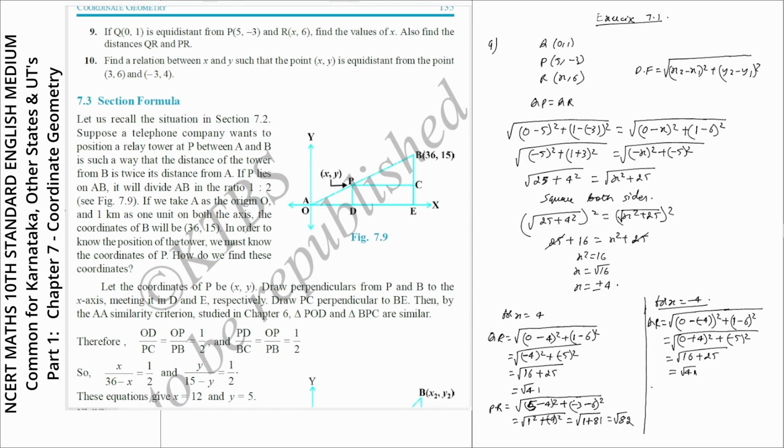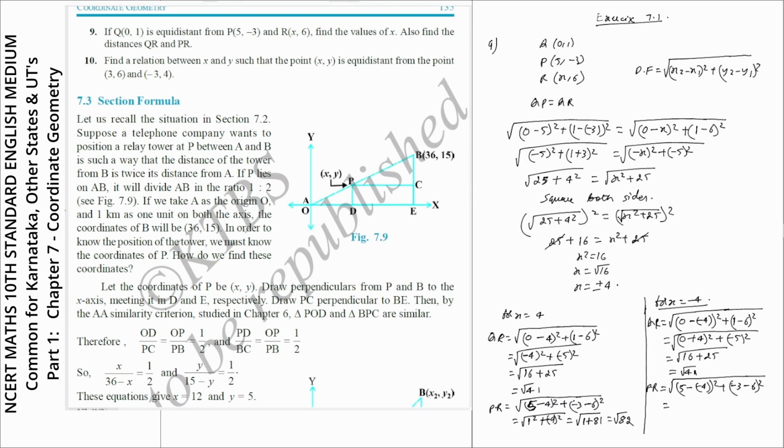Now what is the value of PR? PR is given by square root of x2 minus x1, that is 5 minus, now x1 is minus 4, so minus of minus 4, the whole square, plus y2 minus y1 the whole square, that is minus 3 minus 6, the whole square.